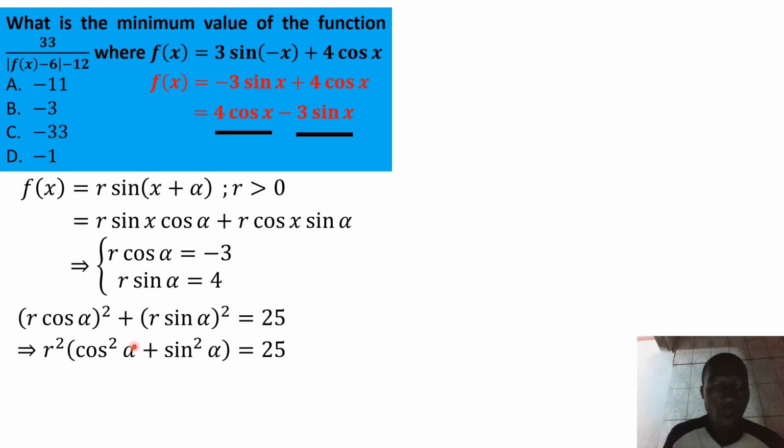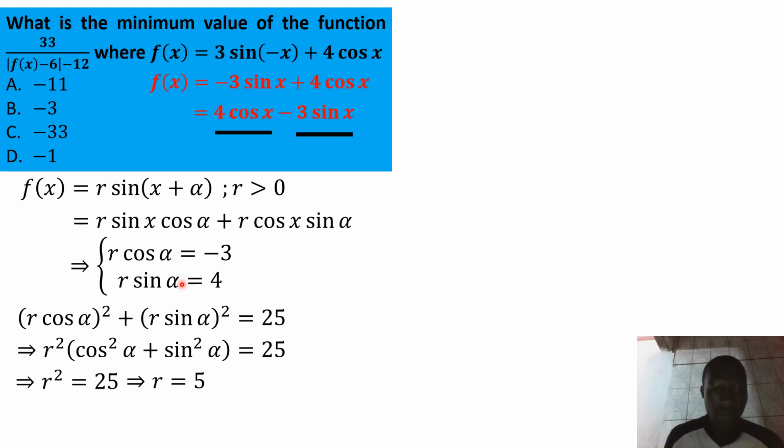But we know that for all angles alpha, cos squared alpha plus sine squared alpha is 1. That is a basic trigonometric identity. So it therefore means that our r squared is going to give us 25, and since r is positive, r normally will give us plus or minus 5, but since r is positive, then we say r is equal to 5.